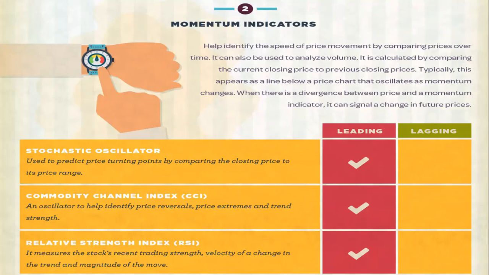RSI measures the stock's, or the currency's, or the commodity's recent trading strength, volatility of a change in the trend, and the magnitude of the move.